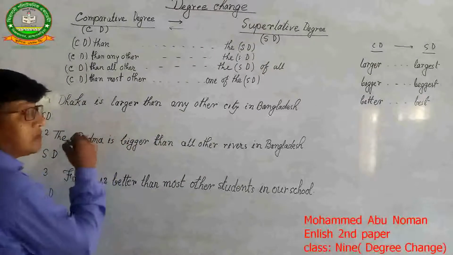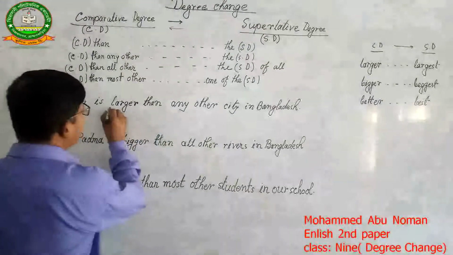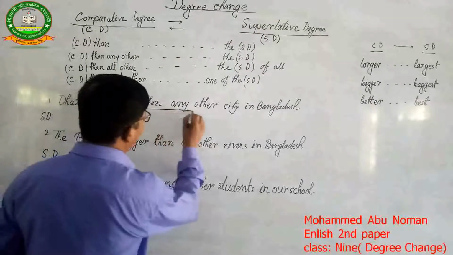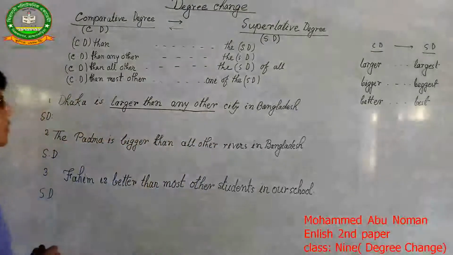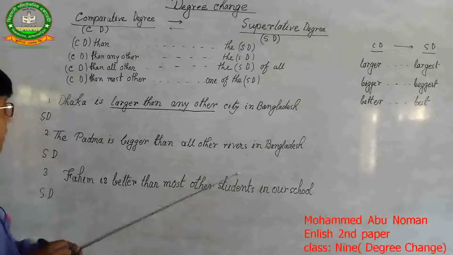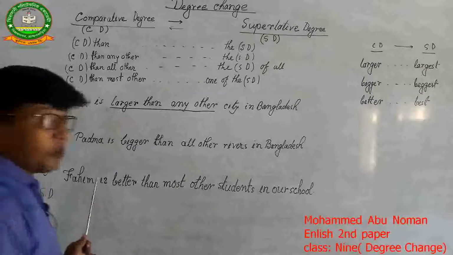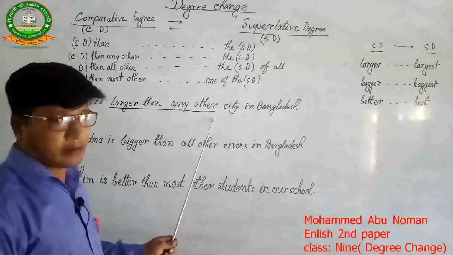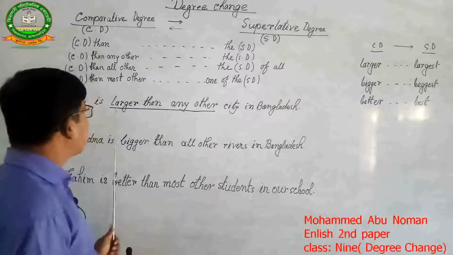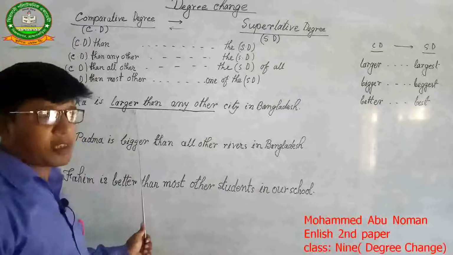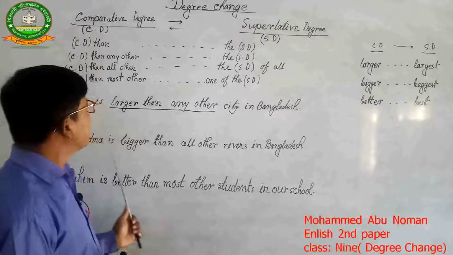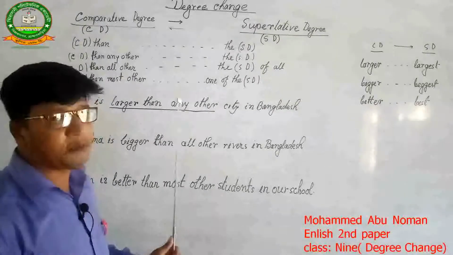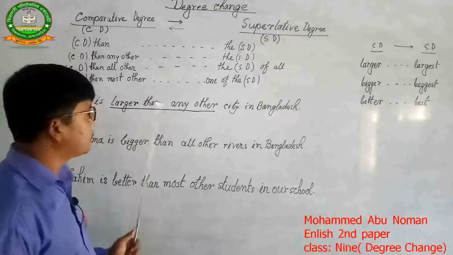Now I will trace out the comparative sign. This is the comparative sign. Here larger is the comparative form of large, then "than any other". I will cut out this part from this sentence and put the superlative form of this part.